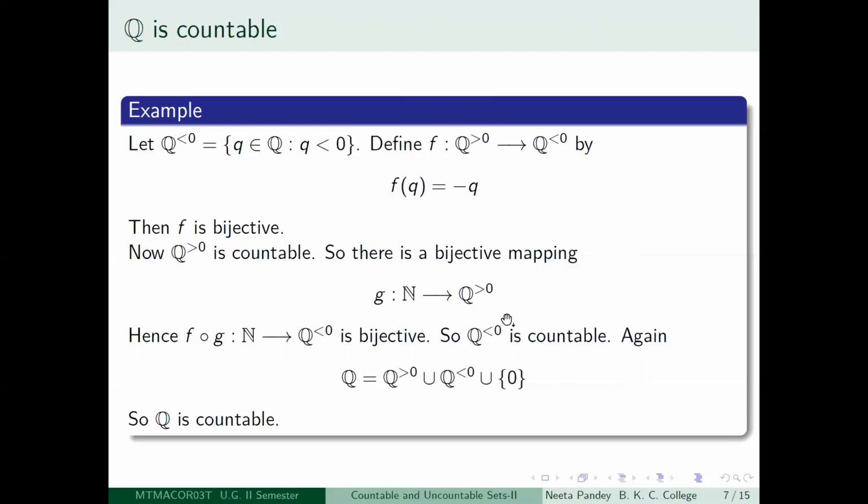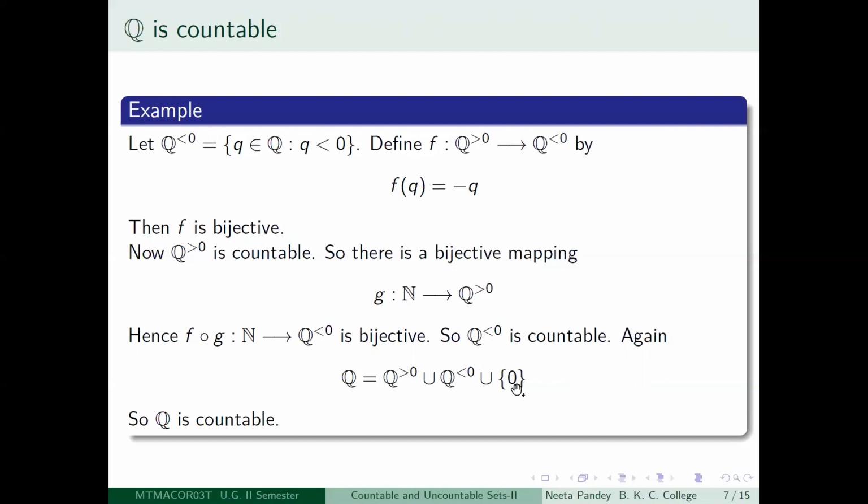So there will be a bijective mapping from the set of positive integers to this. Just take the composition. First you look at G, which maps N to Q greater than 0, and compose it with f. You will get a mapping from the set of positive integers to the set of negative rational numbers, and this will be bijective. So therefore the set of negative rational numbers is also a countably infinite set.